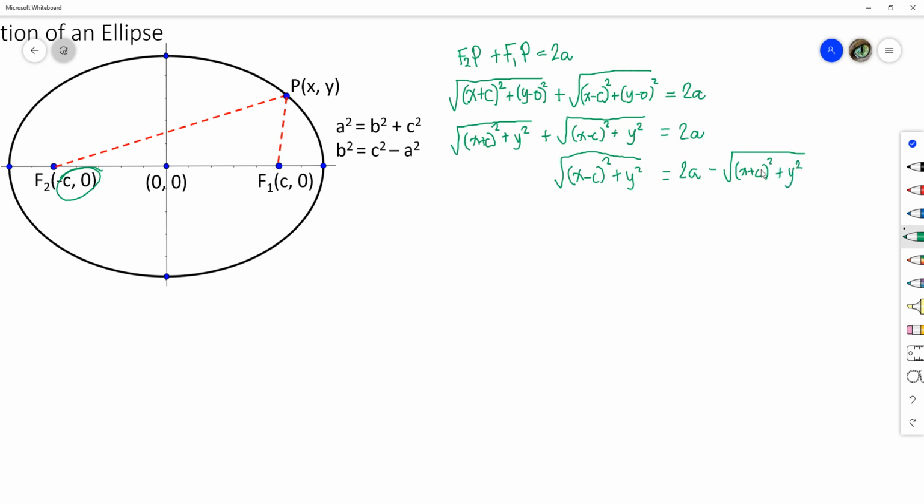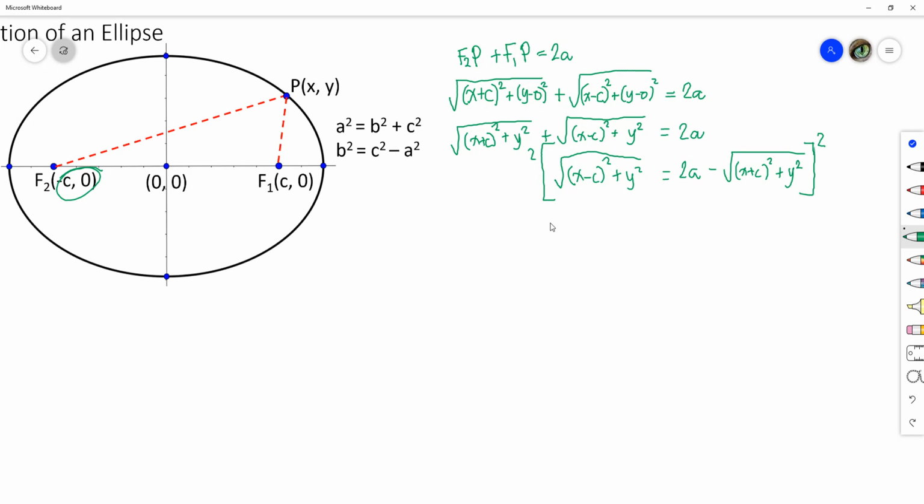Now, to get rid of this radical sign, the square root, we are going to multiply both sides with the exponent 2, so we are going to square both sides.